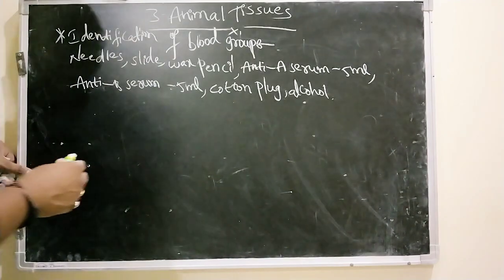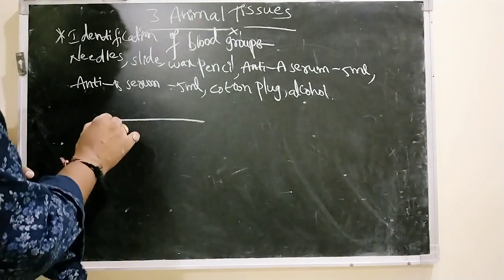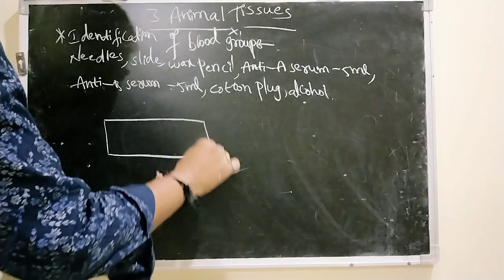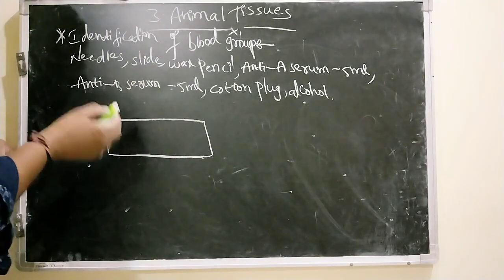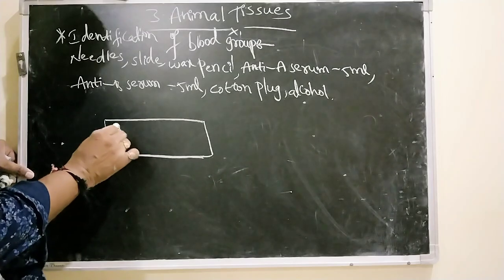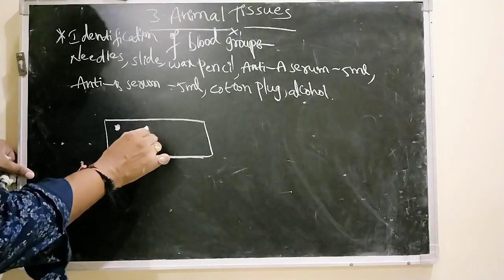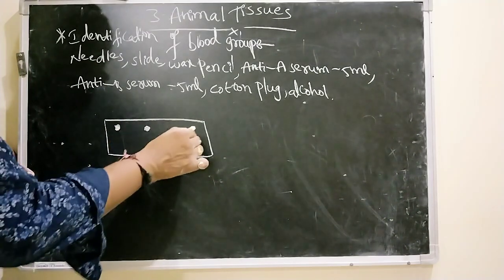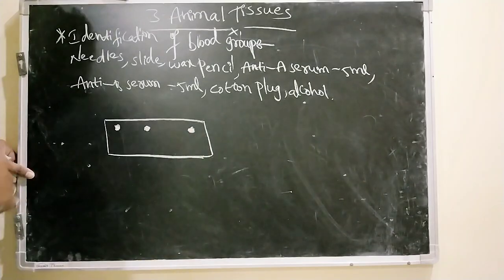First, what we have to do is take a slide. On this slide, take a person's drop of blood and place 3 drops of blood like this on the slide.